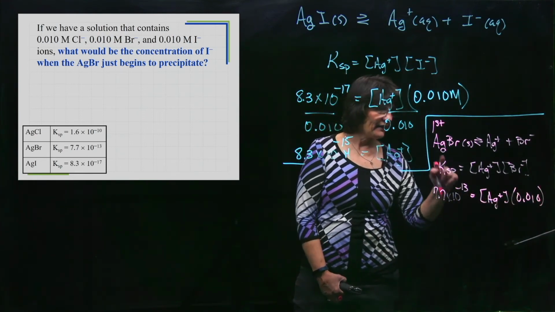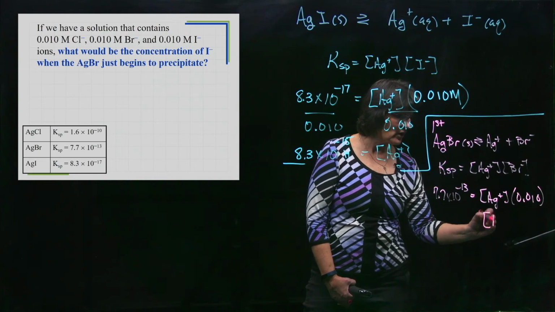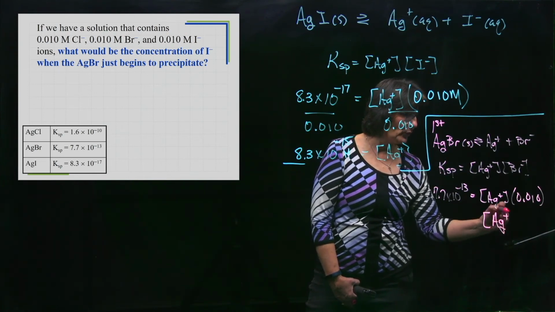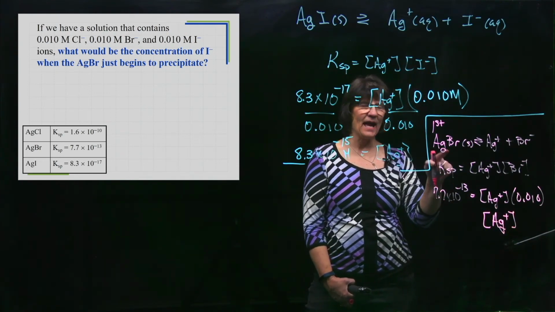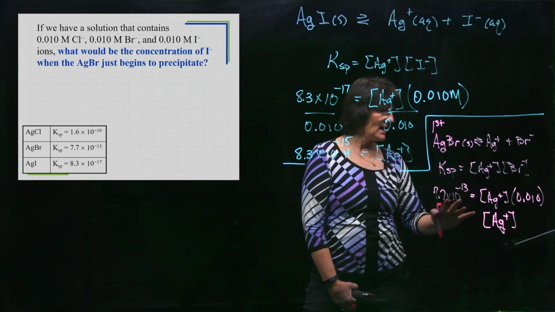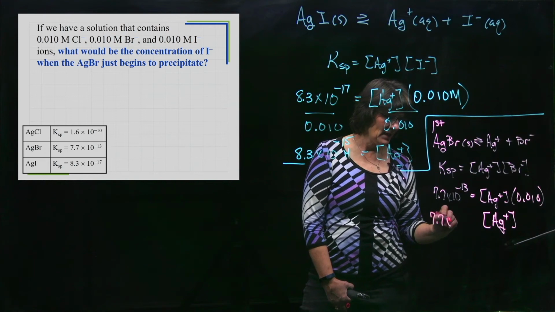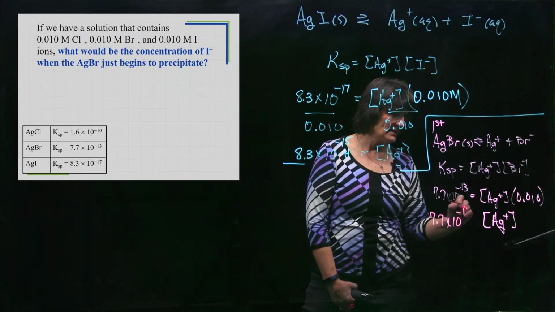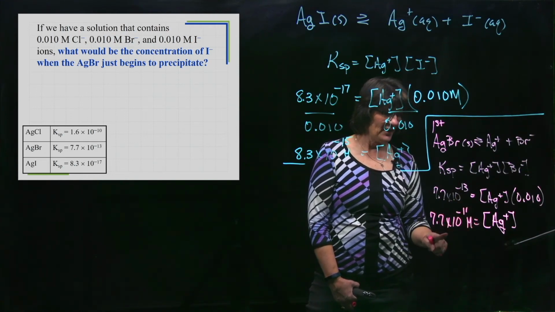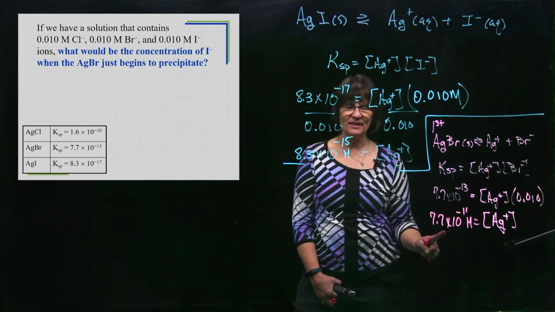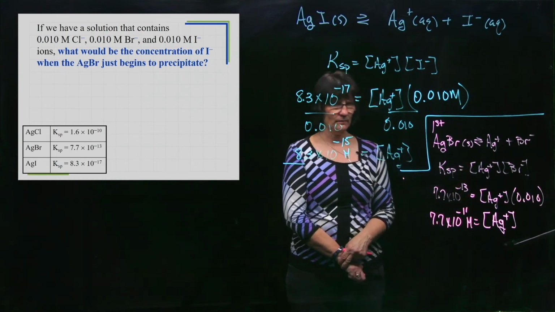So that's the first thing I'm doing, figuring out what is the concentration of silver required to precipitate out the silver bromide. So when I take this divided by my 0.01, I get 7.7 times 10 to the minus 11. This is what's required to start precipitating out the silver bromide.